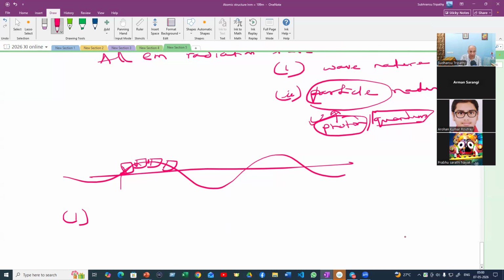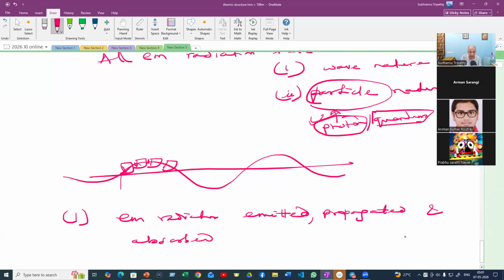Number one, EM radiations are emitted, propagated in space, and absorbed. All these processes in a discontinuous manner.